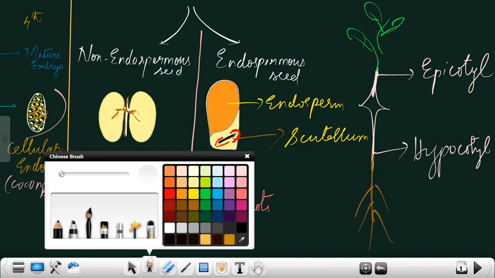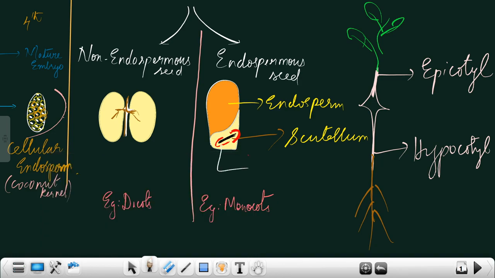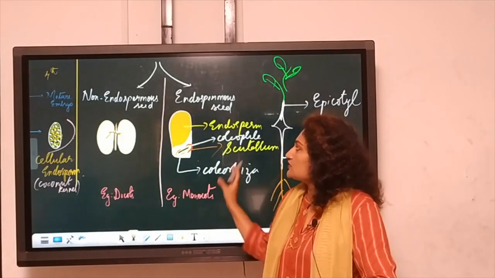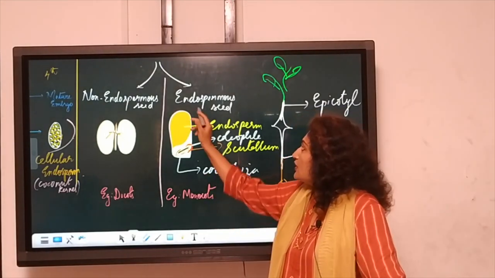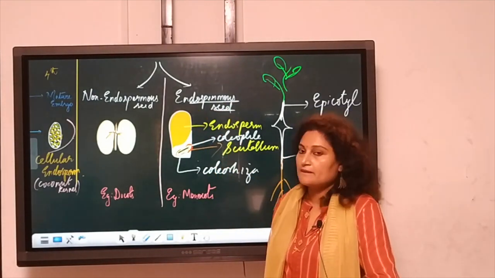All these terms we have learned in the 11th standard. Anyway, I'm going to write it. And this is the coleoptile. So that's the structure of the endospermous seed.